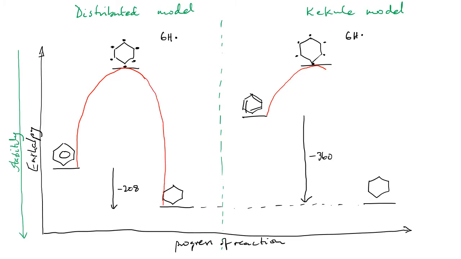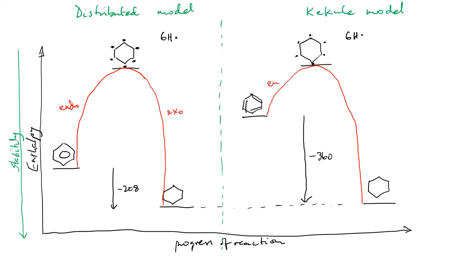We're starting off with our same intermediaries, and we're finishing off with our same final product, which is cyclohexane. So this is the endothermic process, this is our exothermic process.